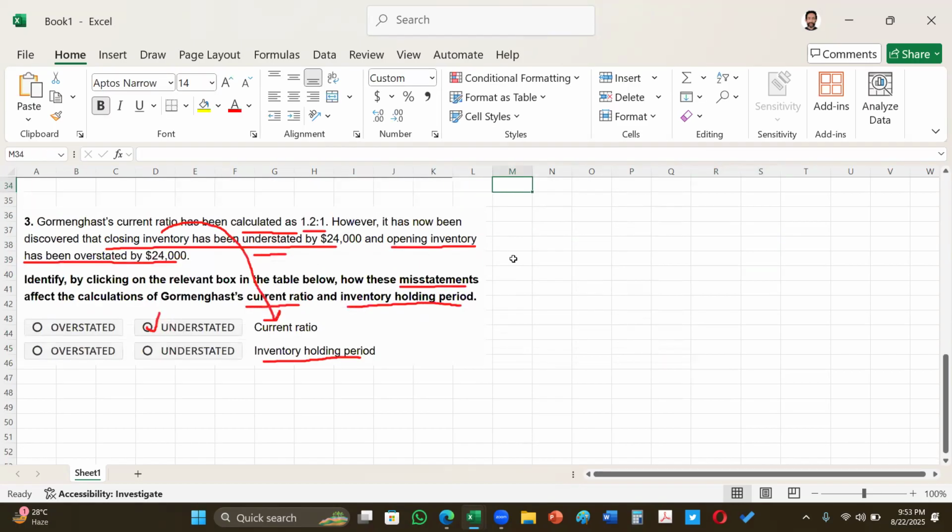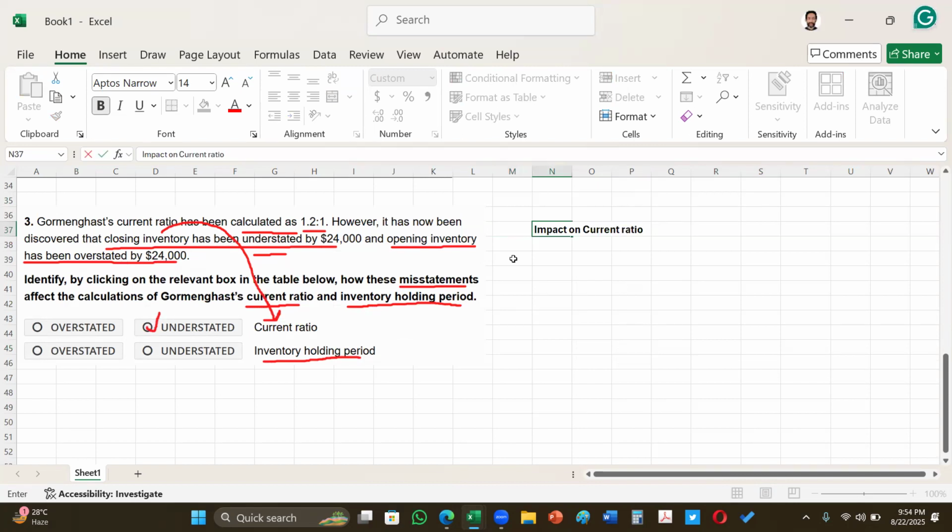Okay, I hope we are comfortable with the impact on current ratio. Yes, people, it is understated, as the closing inventory that goes to the current assets is understated.